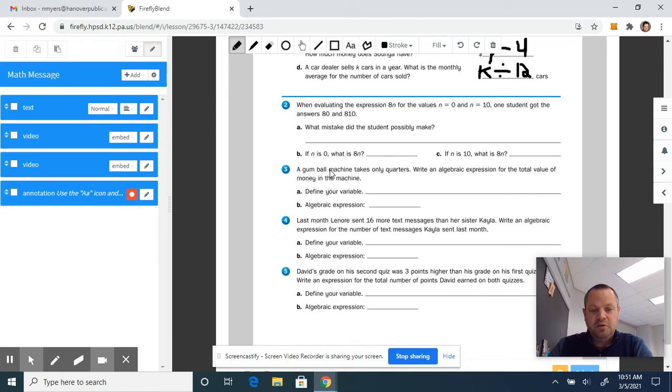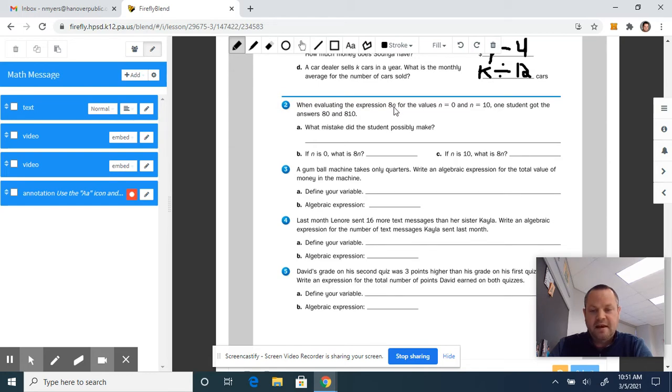Moving on, number 2. When evaluating the expression 8n for the values n is 0 and n equals 10, one student got the answers 80 and 810. What mistake did the student possibly make? So I know that this means multiply, 8 with an n right beside it.